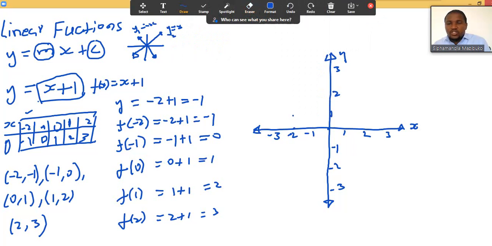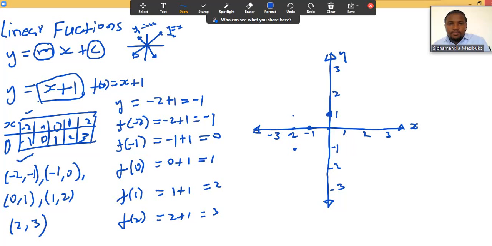If you're looking at this first one, it's minus 2 for x, which is to minus 1, so it should be the other way around. And then we have minus 1 is to 0, which is here. Then we have 0 is to 1, which is here. This is our 1.